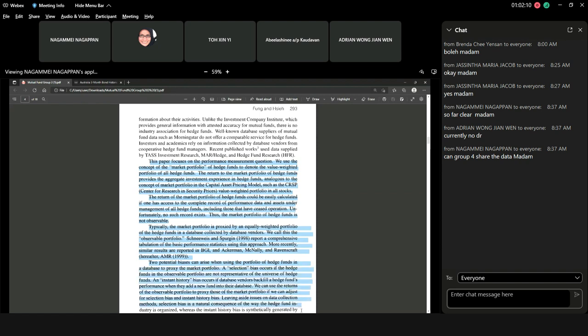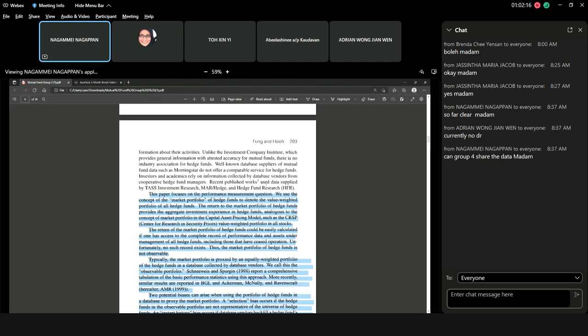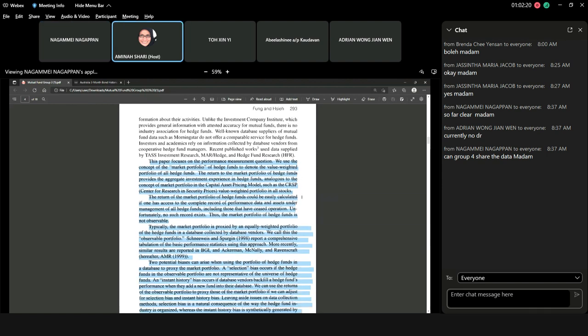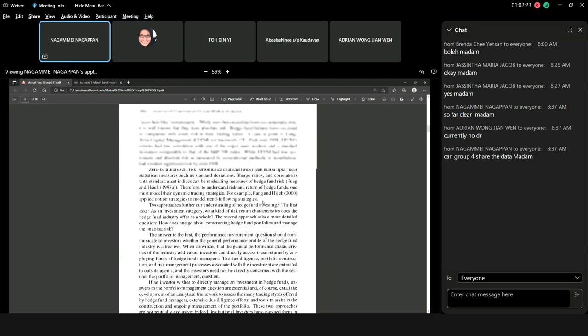This is how they explain, madam. They didn't have a separate section for methodology. Okay, tengok ada punya abstract. Takkan tak ada selalu, abstract. Oh, ya, which provide general je.